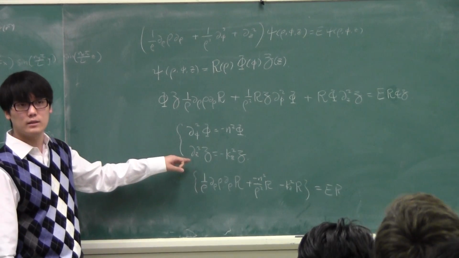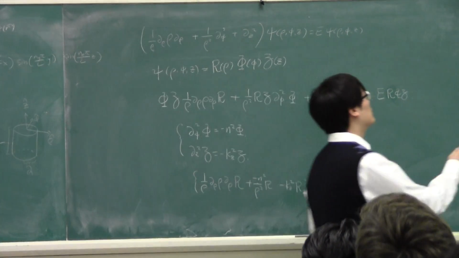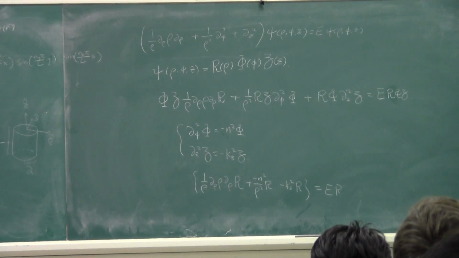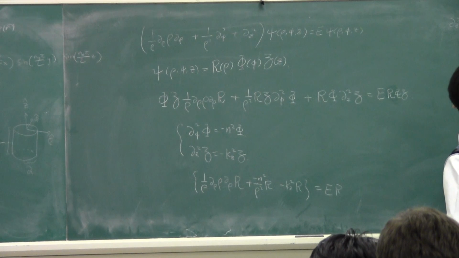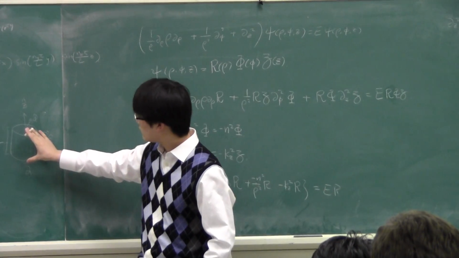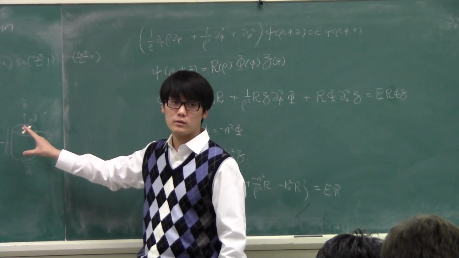Let me start with the z direction eigenvalue problem, which is the easiest. So for the z direction, we have and if you look at this potential in the z direction, it looks just like an infinite square well.